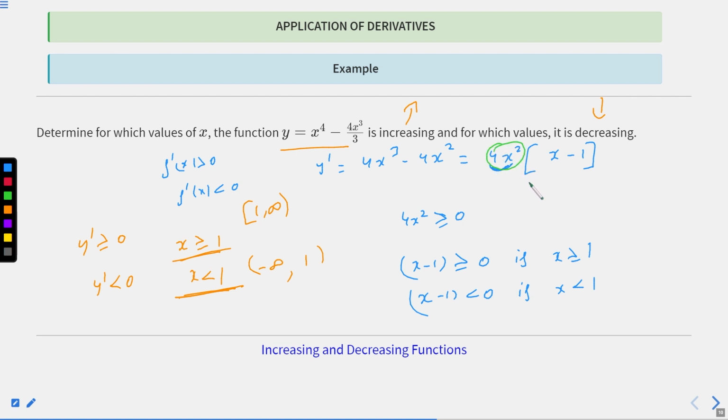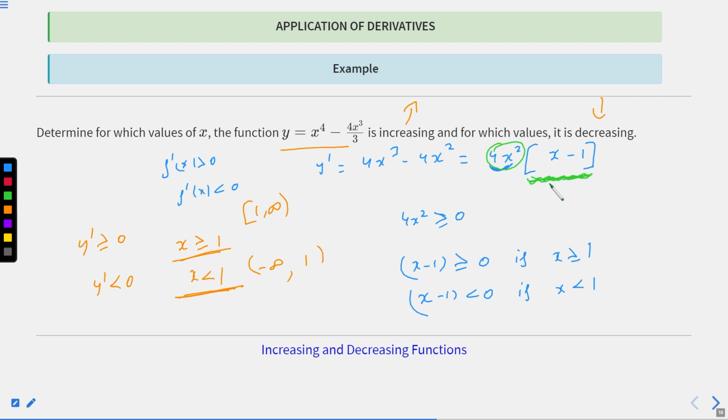So the only thing which gives you a positive or negative term will be this thing, so we have to analyze it carefully. I hope that it is clear to you.